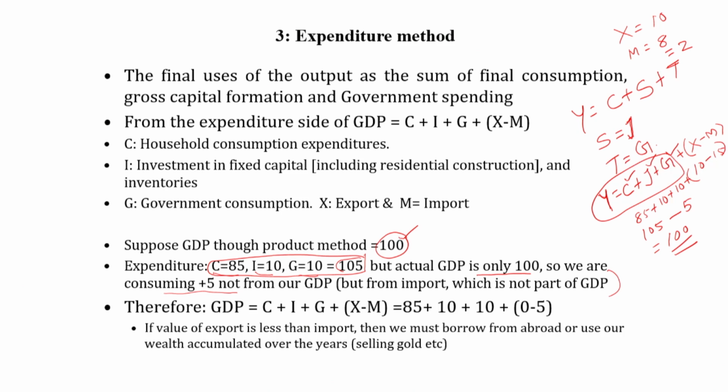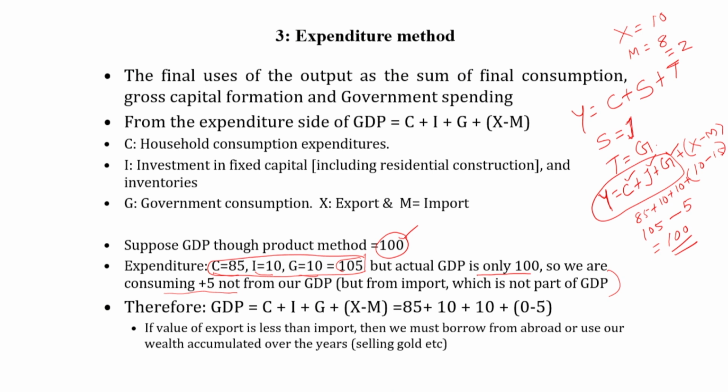Now a question may come to your mind: our income is only 100, but the total expenditure here is 105. If the value of export is less than import, then we must borrow from abroad or use our wealth accumulated over the years, like selling gold, to finance this expenditure.